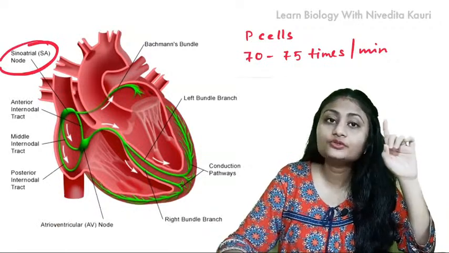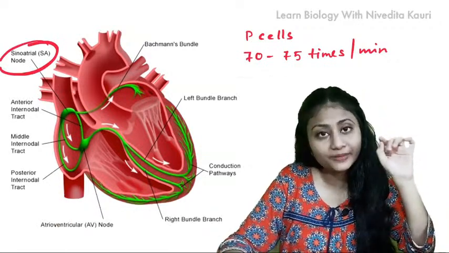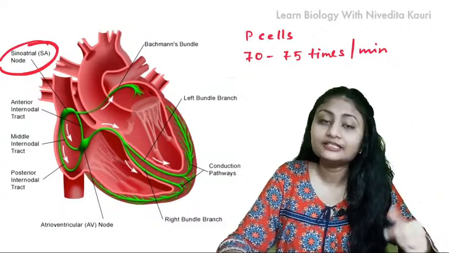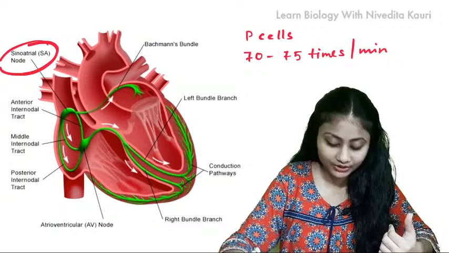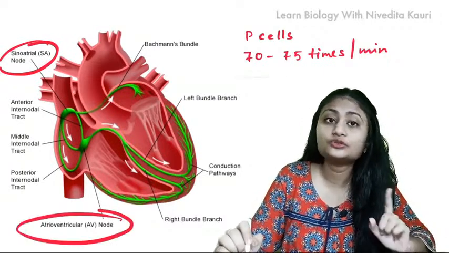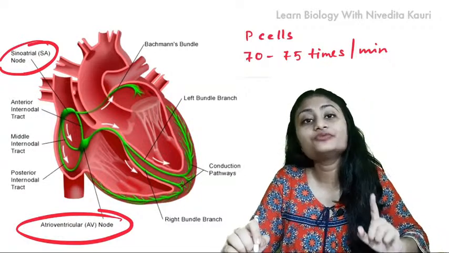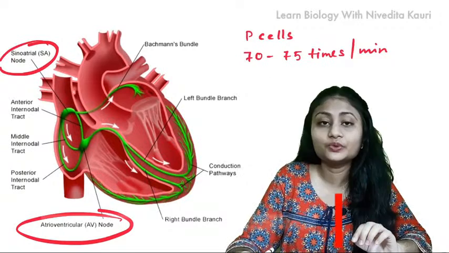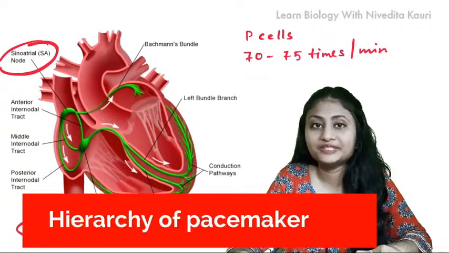But if SA node fails, will the heart stop beating? No, absolutely not. Then the heart will beat according to the AV node. And if AV node also fails, then the Purkinje fibers will help to cope with the situation. This is known as hierarchy of pacemaker.